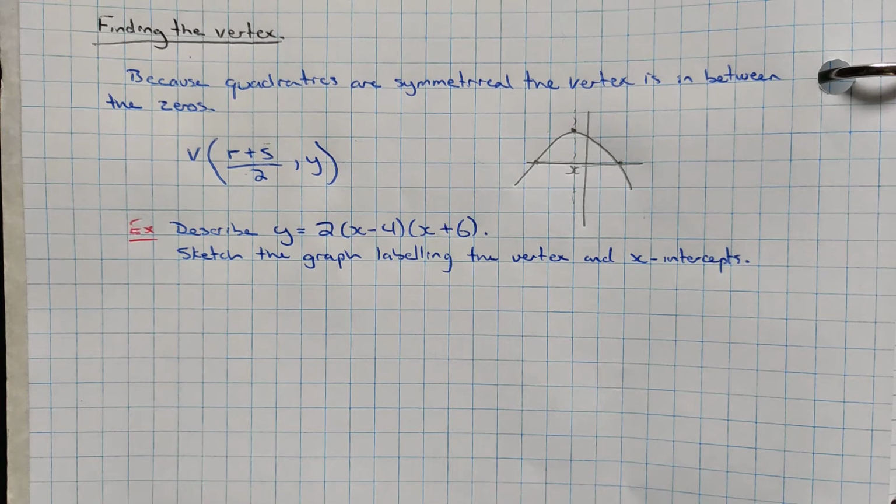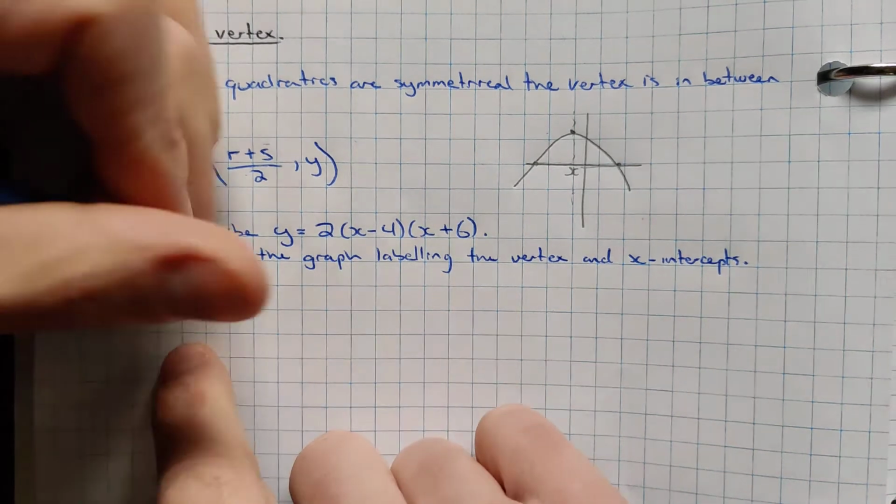We have y equals 2 times (x minus 4) times (x plus 6). So there's our equation. We want to describe that. Then we're going to sketch a graph labeling the vertex and x-intercepts. So quick description here.